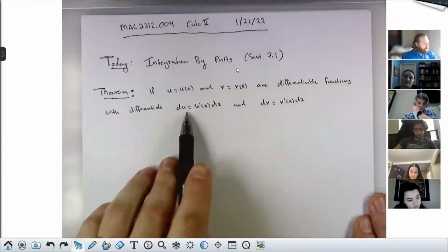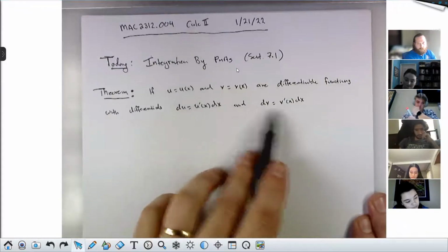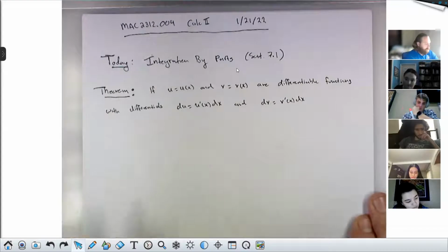So when you see du, just think the derivative of the u function. And when you see dv, just think the derivative of the v function.